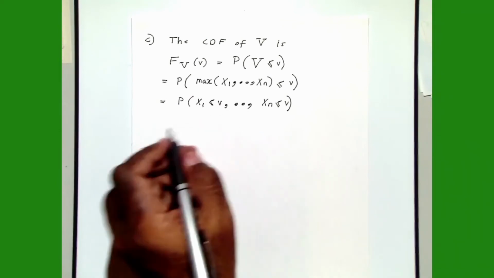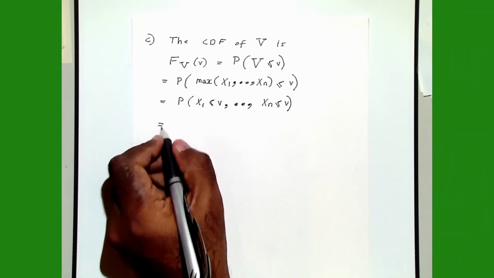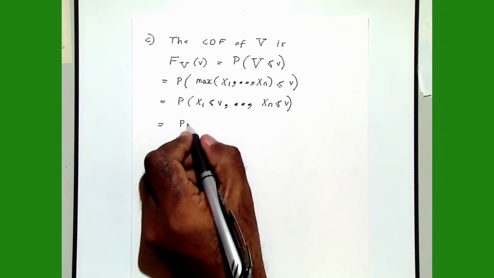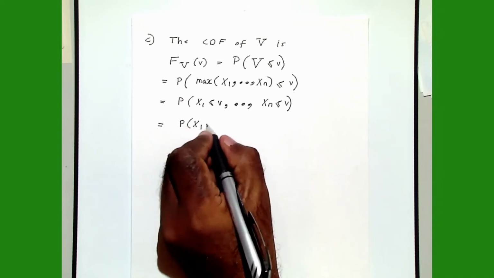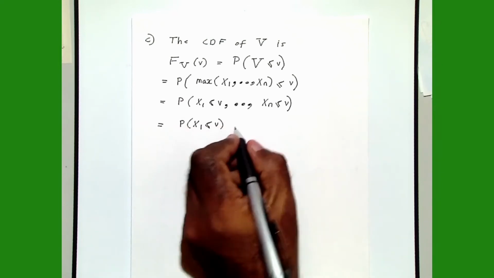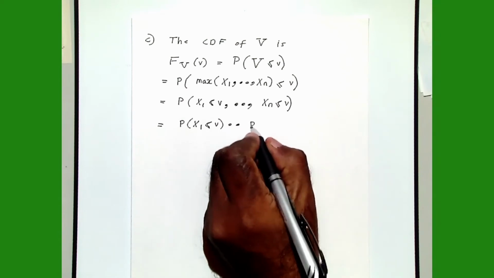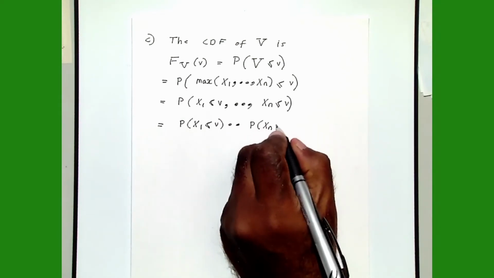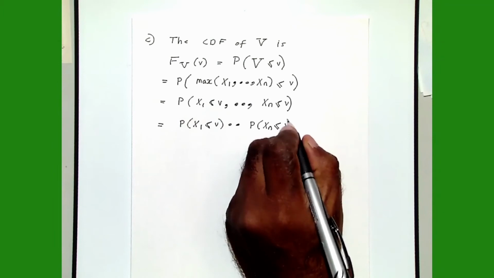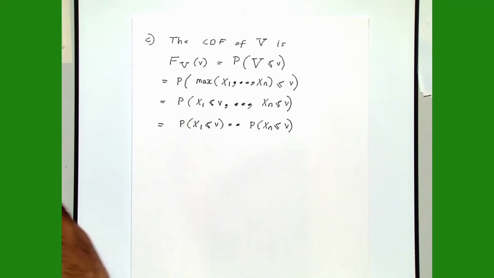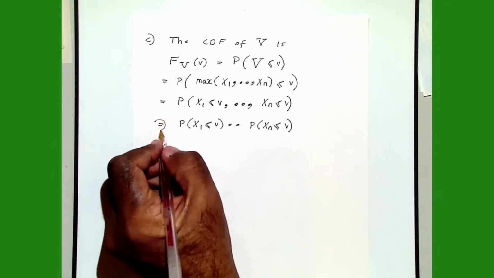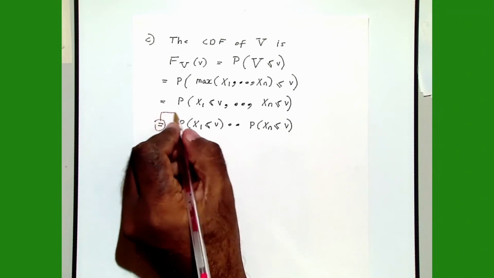Now, because x1 to xn are independent variables, you can write this as the product of the probabilities. Right, so in this step I have used independence.